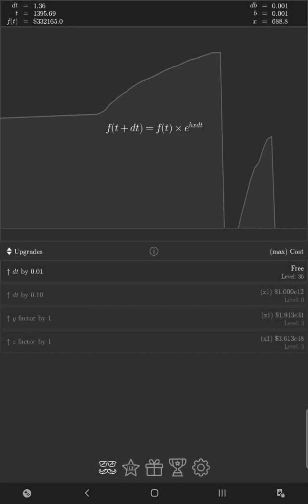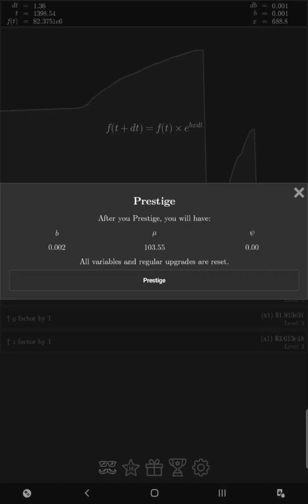Yeah, just as I said, now you can go here and press the prestige button. And after prestige, we will get this amount of B. And this here is used to buy prestige upgrades. We cannot see the prestige upgrades yet, but after we prestige, we can see them. And here is a supremacy thing.